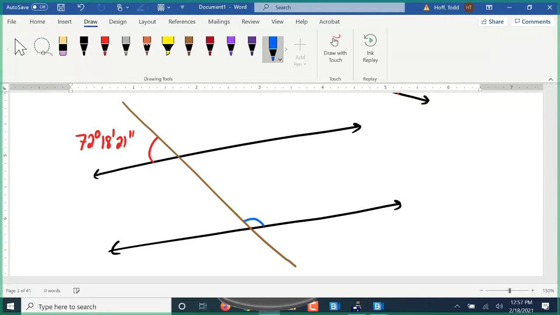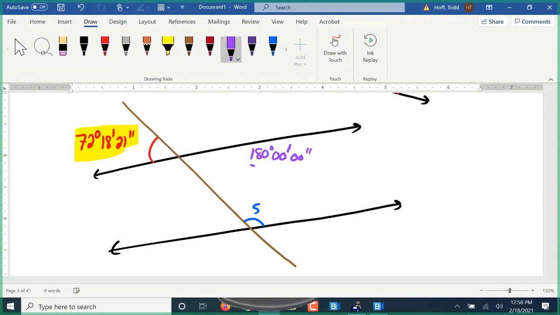Let's call this angle 5. What's angle 5 have to be? Well, remember, we discussed this when we have parallel lines that are crossed by a transversal. If we know one of the angles, which is what we have right here, all the other angles are either equal to it or supplementary. Angle 5 is definitely not equal to it, so it has to be supplementary.